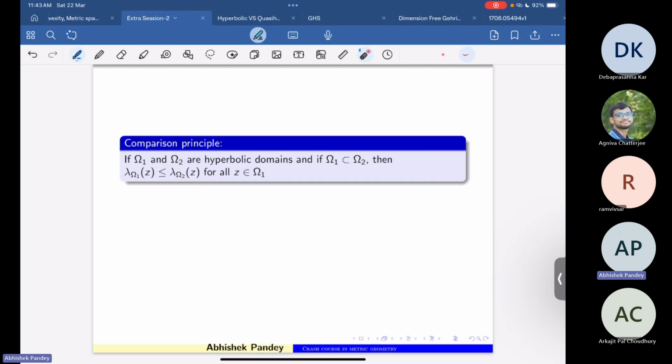I think this should be the other way around. Let me write it down here. So this is wrong. It should be lambda omega 2 z is less than or equal to lambda omega 1 z.